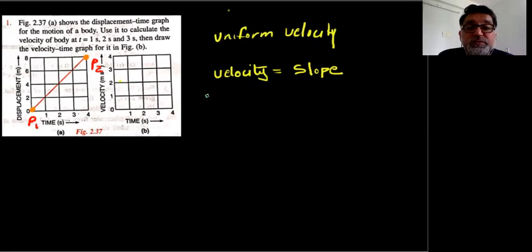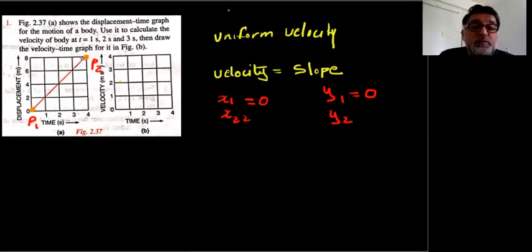So let's find out the values of x1, y1, x2, and y2. For x1, this is point 1, it's lying on the origin, so the x-axis time will be equal to 0 seconds, and the y-axis also 0 displacement.